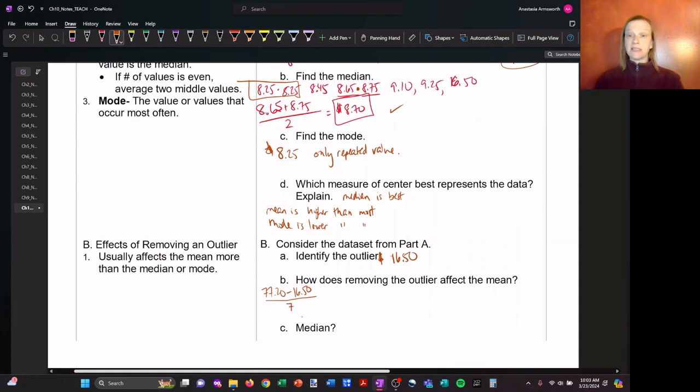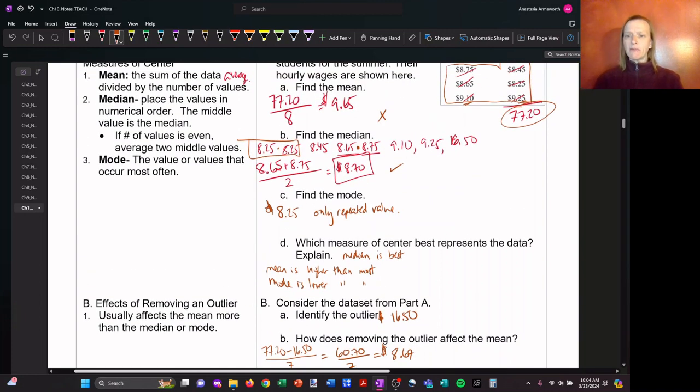I'm only going to divide by 7 because my data set only has 7 values in it now. So when I do that, I end up with $60.70 up top divided by 7. And so my new average is $8.67, my new mean.